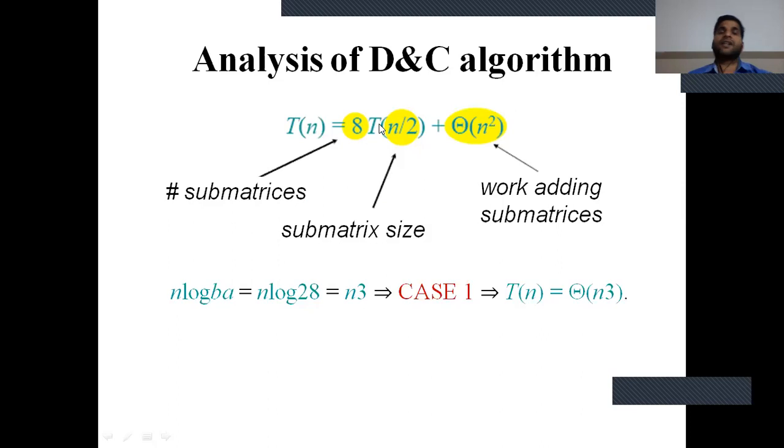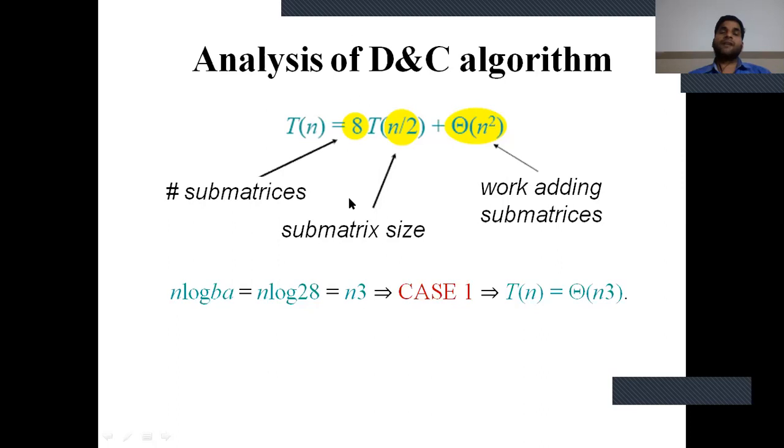We solve this recurrence equation with the help of the master method. We compare this recurrence with the general equation of the master method, T(n) equal to a T(n/b) plus f(n). The value of a equal to 8, the value of b equal to 2, and f(n) equal to n square.